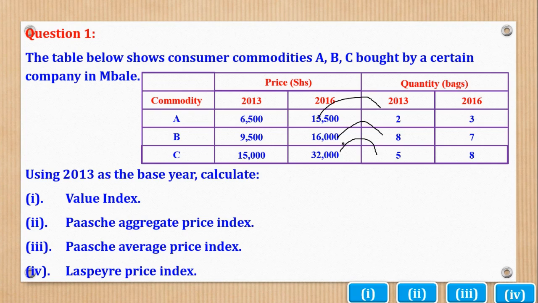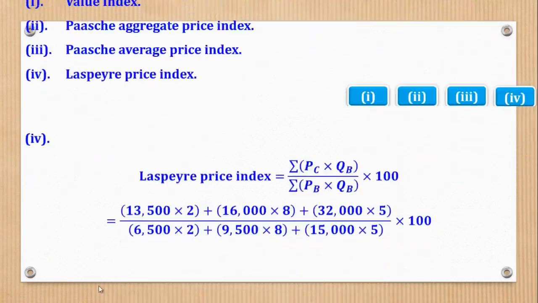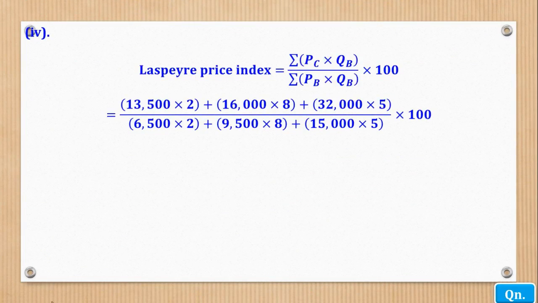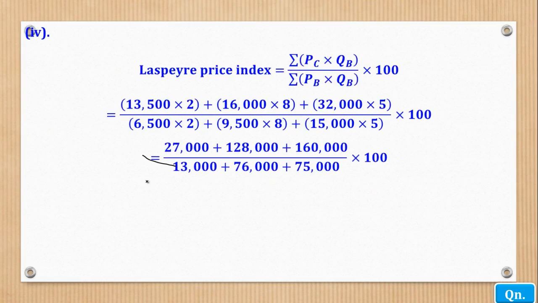That is the numerator. Denominator, we shall use PB times QB. So this times this times this, and this times that. So in other words, the current year quantities are ignored in Laspeyres. Therefore, we shall come here and simplify further, and then get the final answer. And that's what they wanted.